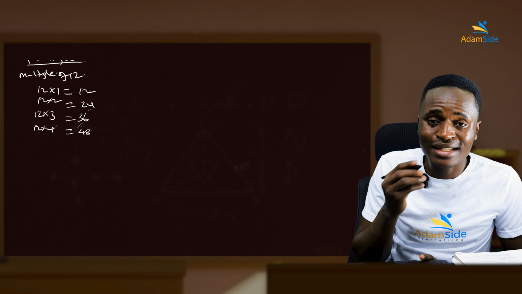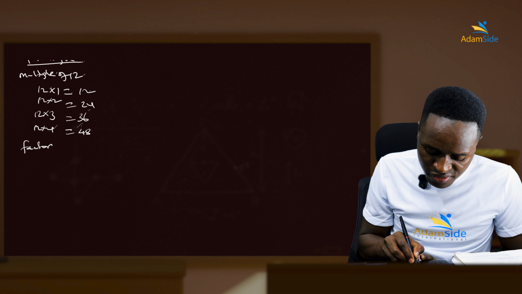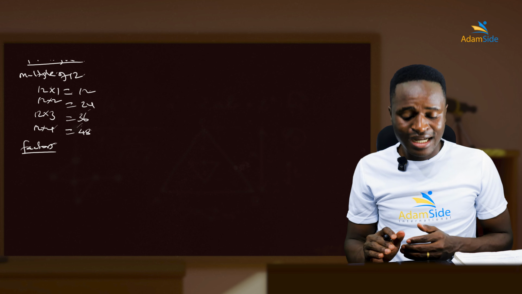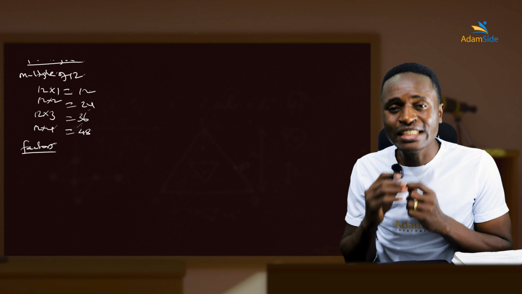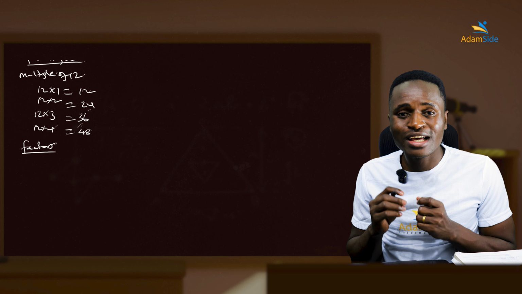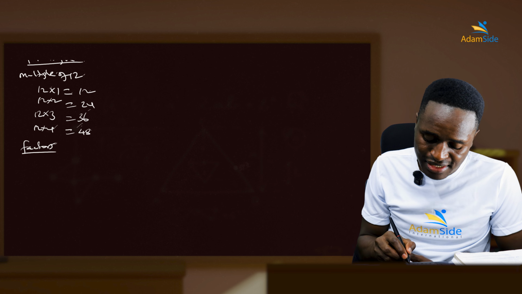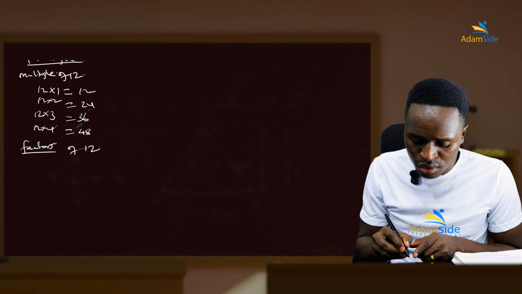Another thing that we need to understand as a candidate: factors. When they say a factor or factors, these are numbers that divide a specific number completely without a remainder. For example, factors of 12. First of all, you need to understand what a factor is.